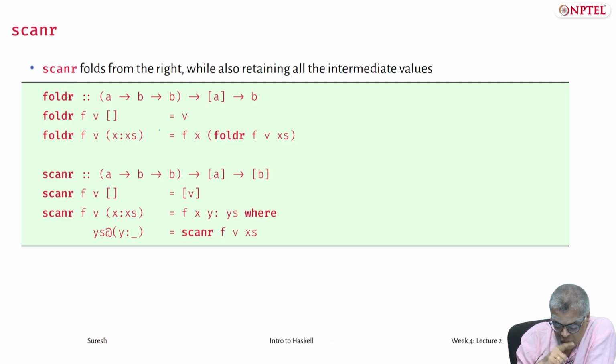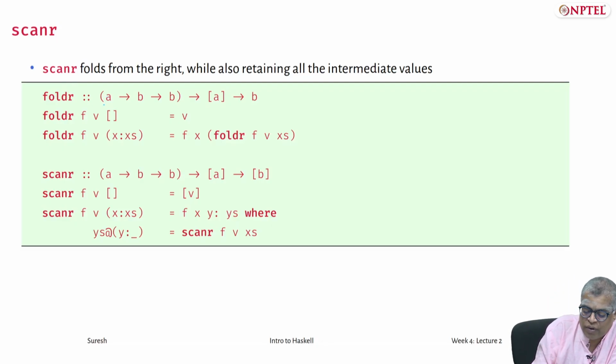Okay, see that foldr produces a value, scanr will produce a list of all the partial values.